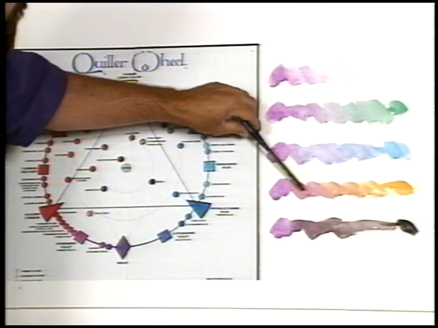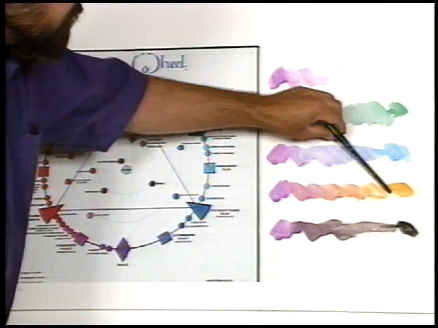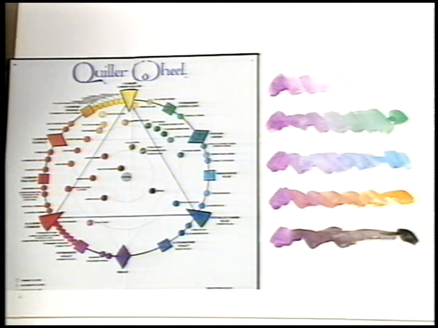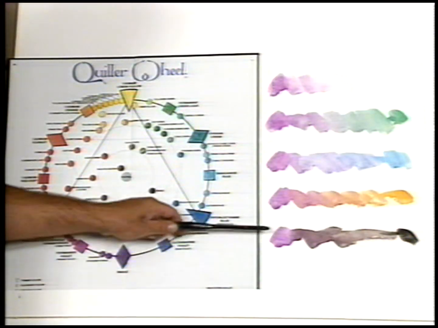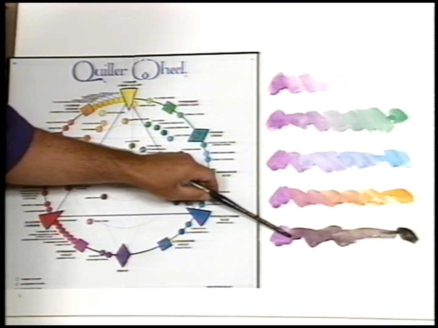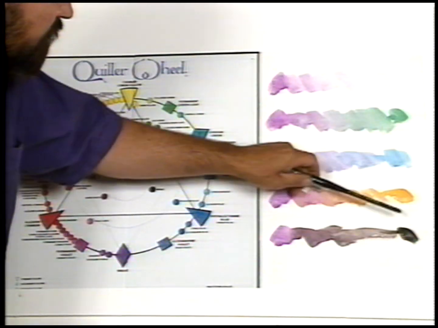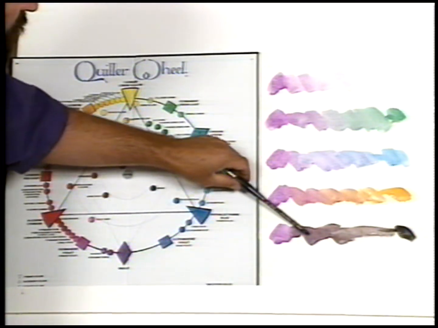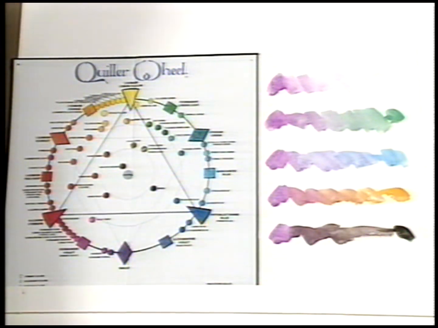So as you can see, here's the red-violet moving to the yellow-orange for a nice, exciting semi-neutral. Finally, the way many people work is using the red-violet and adding black. Black deadens color and it absorbs light, and consequently it's not a good choice for a semi-neutral.